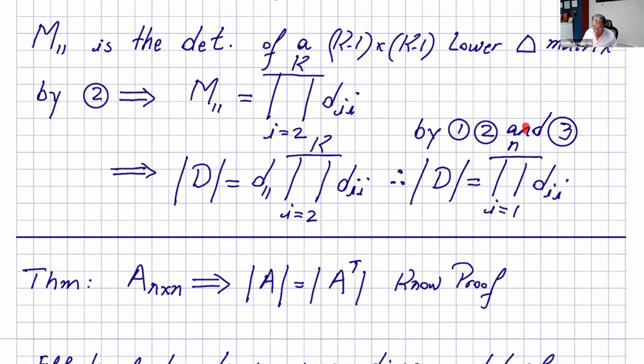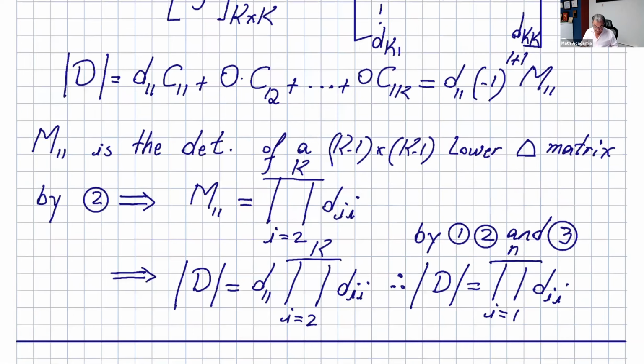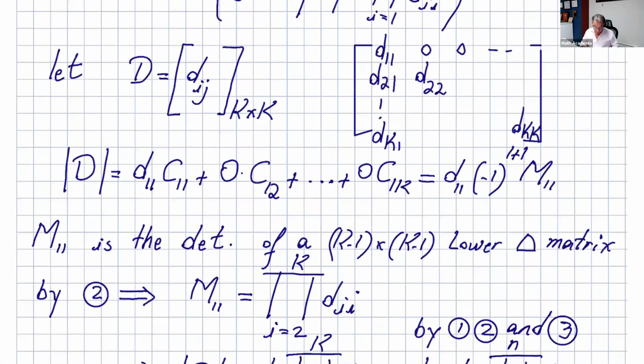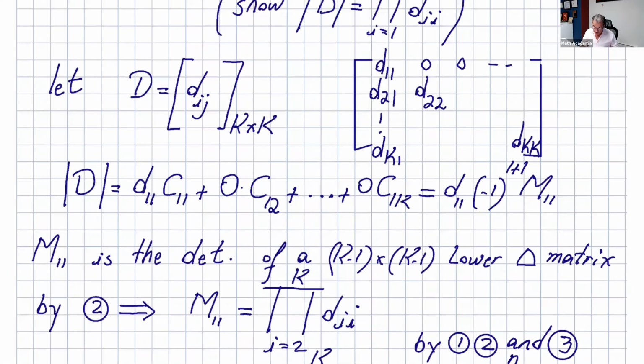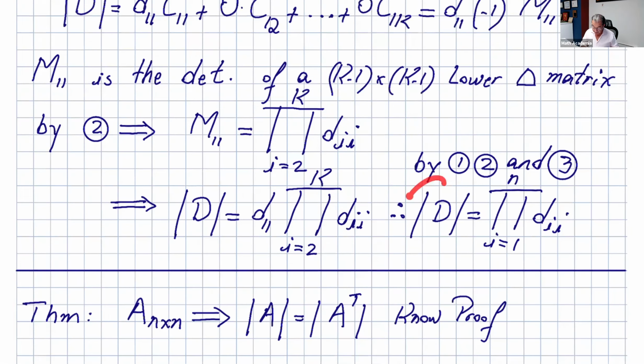If you put k here, k by k, this is the general one. If it's n by n, then that's going to be n. If it's k by k, then it's going to be k. So that's the very last formula, and you can put QED here.